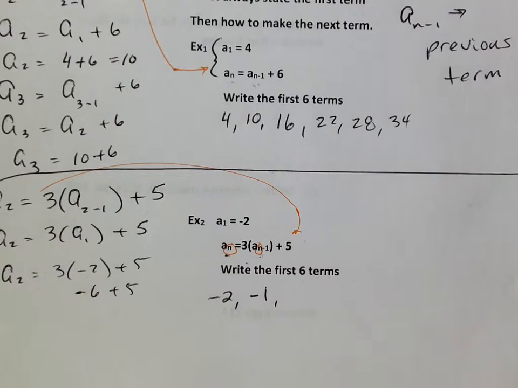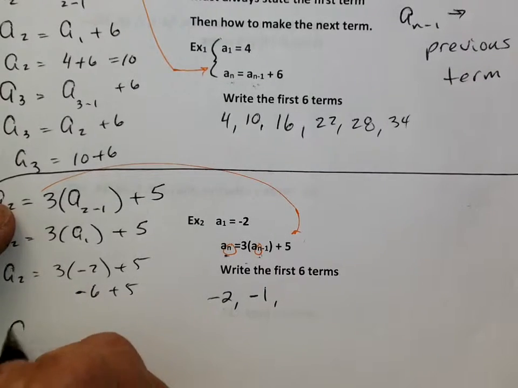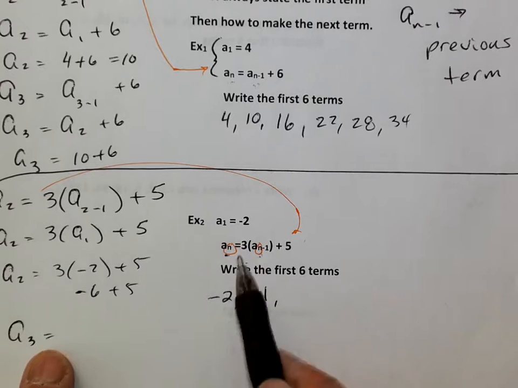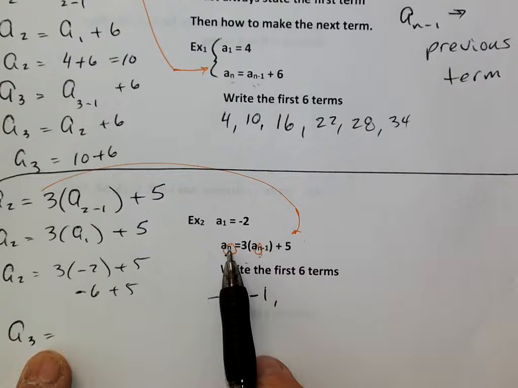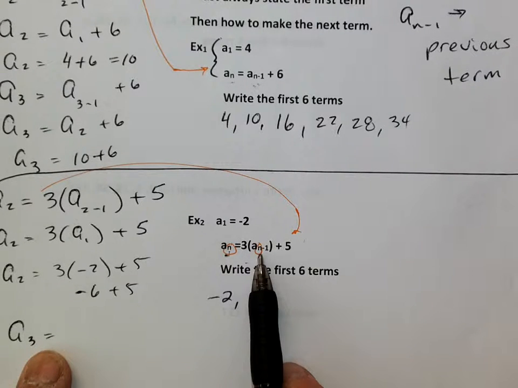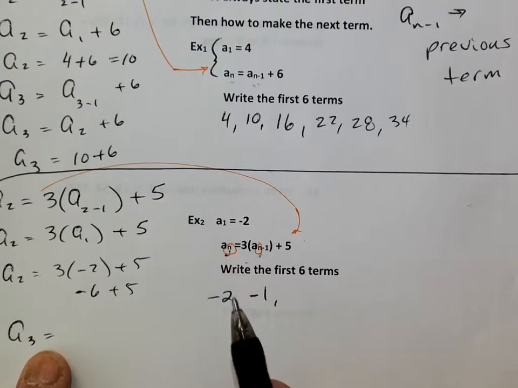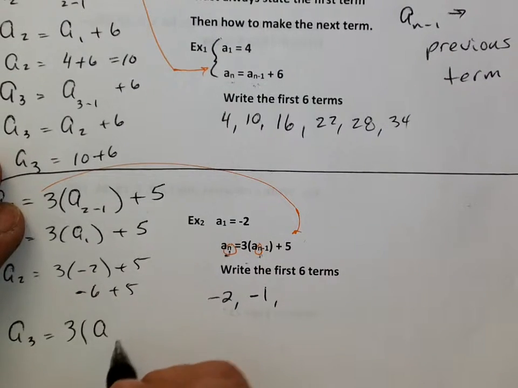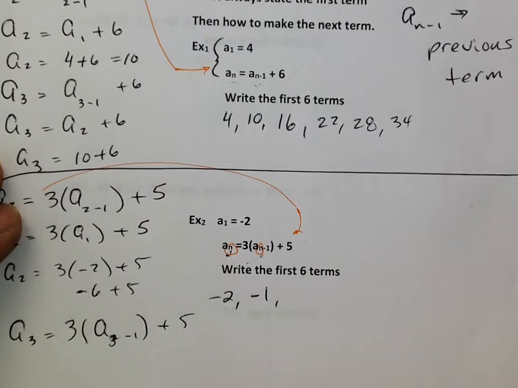Now to make A3. I'm going to plug in 3 there, and 3 there.